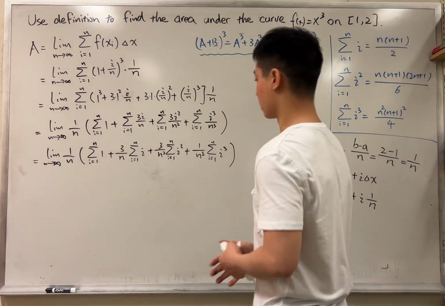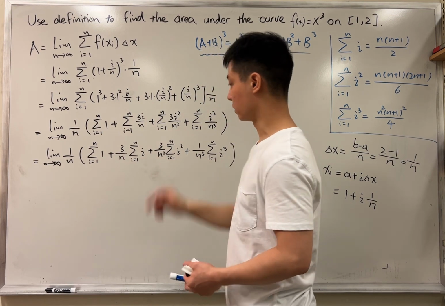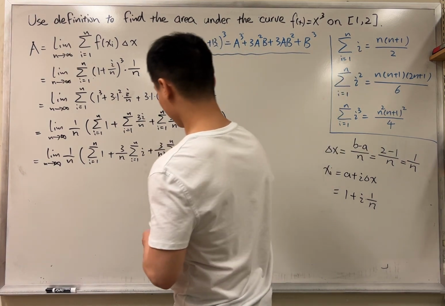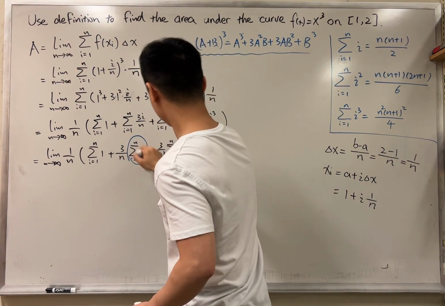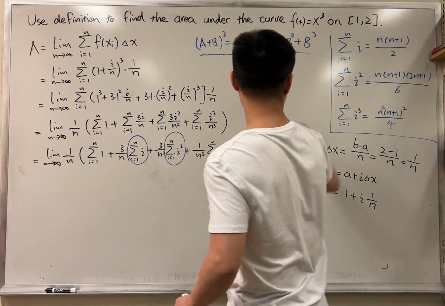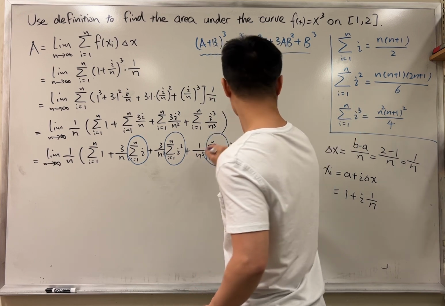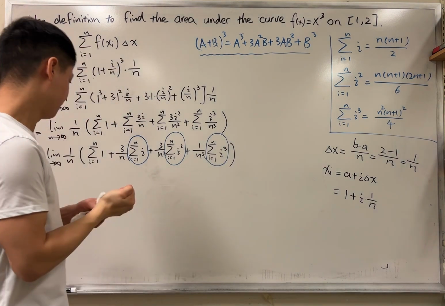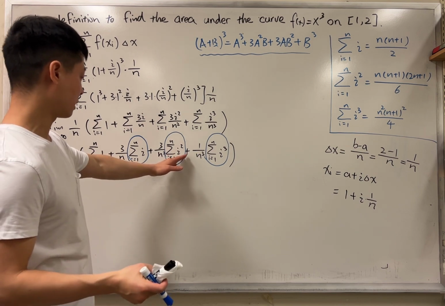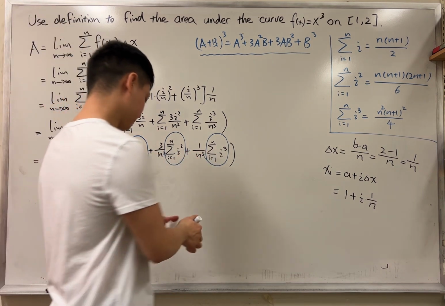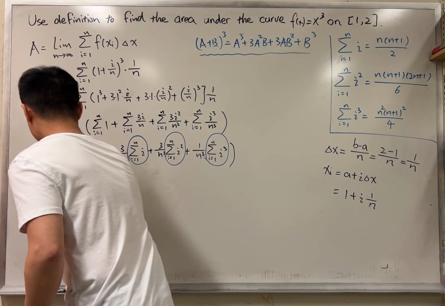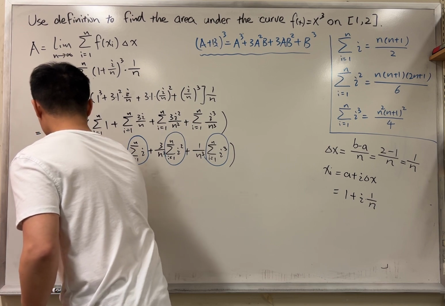And then next step, we will turn each of these into expressions in terms of n by using the formulas right here. For example, this one turned into this, and then this one will be replaced with this, and this one will be replaced with that. These are just the formulas for the sum of the first n consecutive integers, squares of consecutive integers, and cubes of them. And then we're going to have the limit of 1 divided by n.